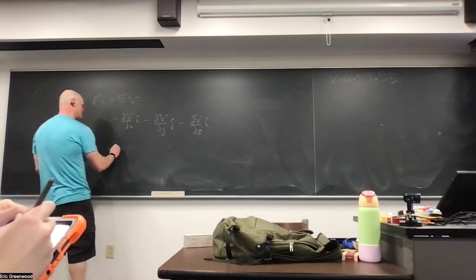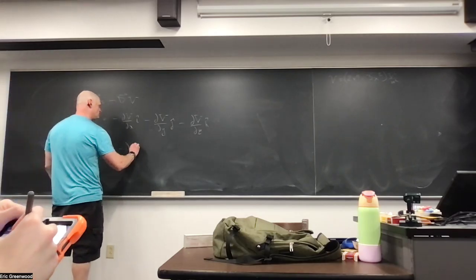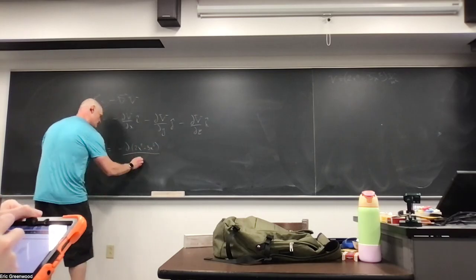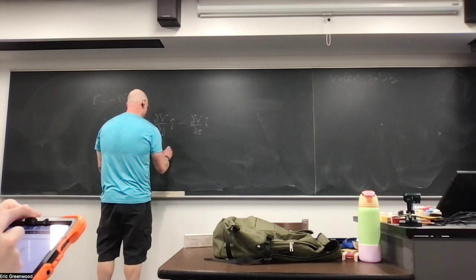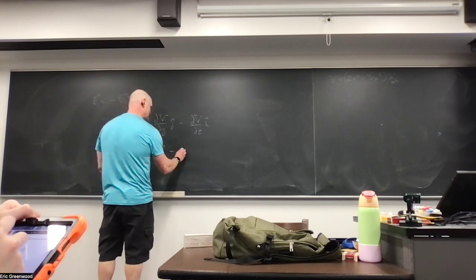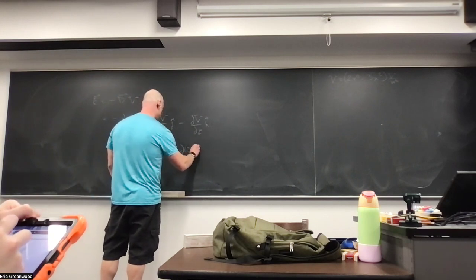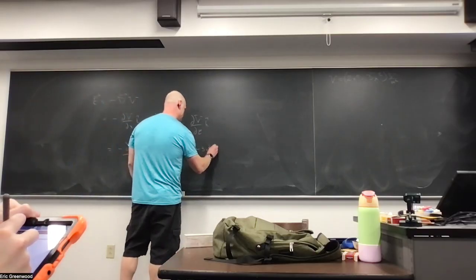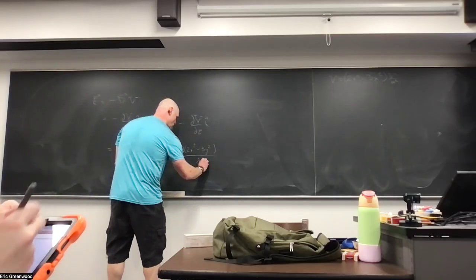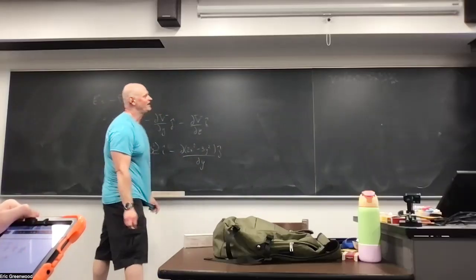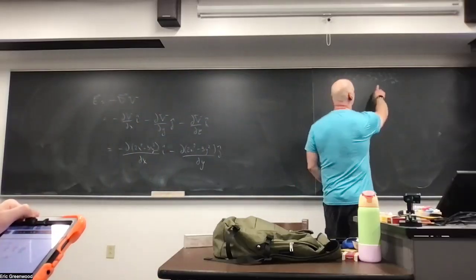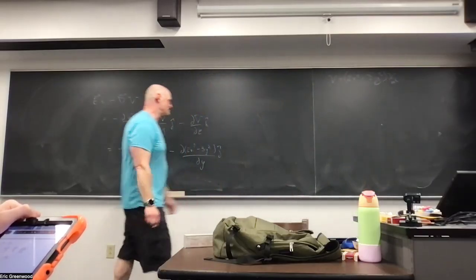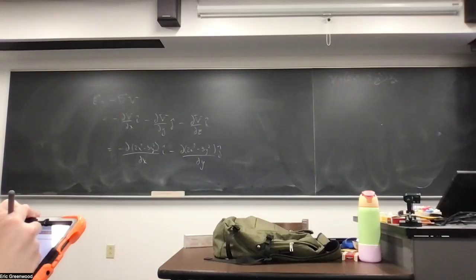Okay. So plugging this in, this is going to be minus the partial of 2x squared minus 3y squared with respect to x in the I hat direction, minus the partial of 2x squared minus 3y squared with respect to y in the j hat direction. Nothing here is dependent on z, so I'm going to drop that z term.